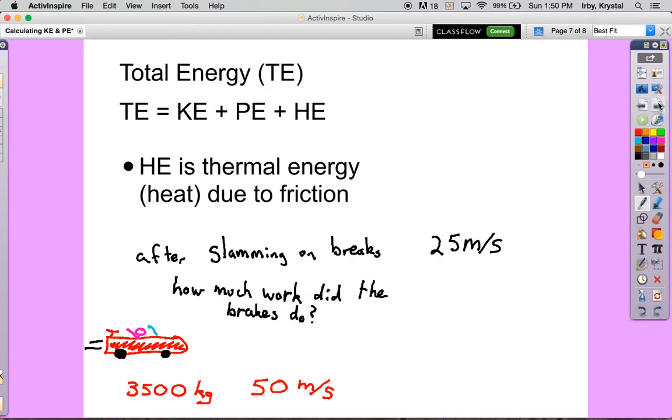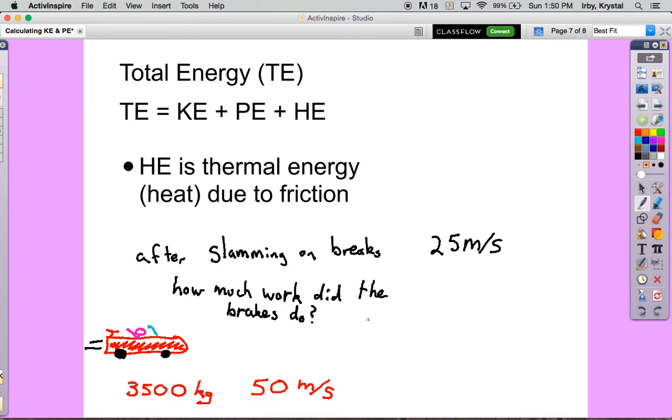So let's go back to my convertible problem. I'm cruising down the freeway at 50 meters per second, and after slamming on the brakes for a few moments, I have slowed down to 25 meters per second. So how much work or how much energy was lost to the brakes?